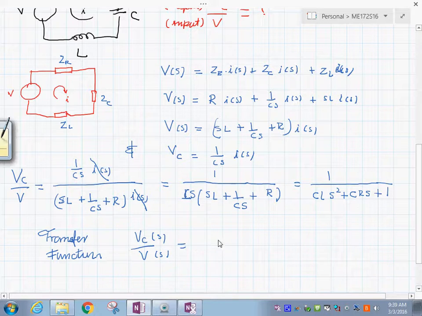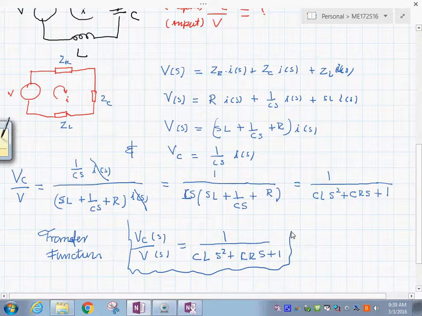The question is, using this concept, how can we obtain the transfer function? Let's use the same basic circuit, but we are going to add some elements to it.